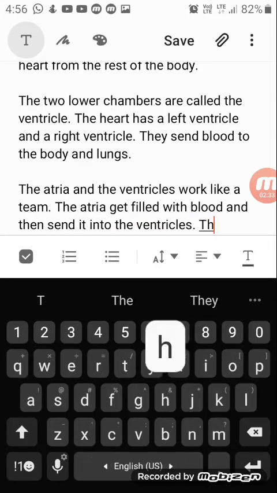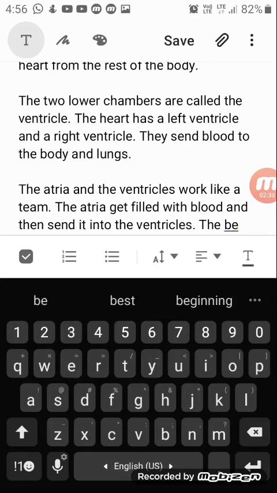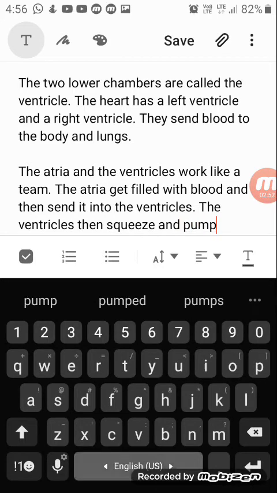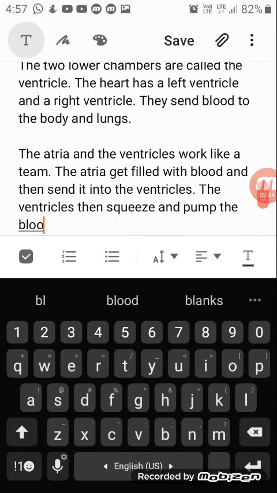The ventricles then squeeze and pump the blood out of the heart.